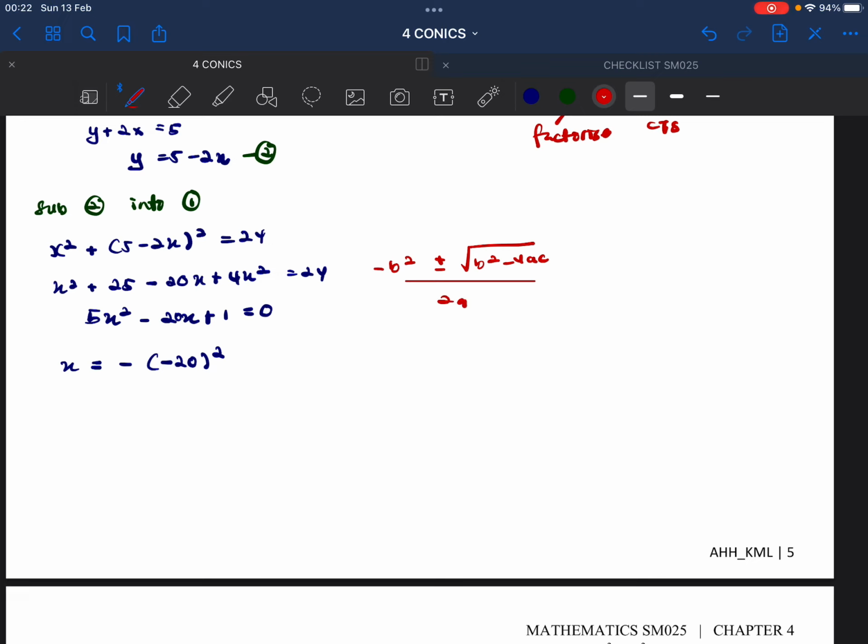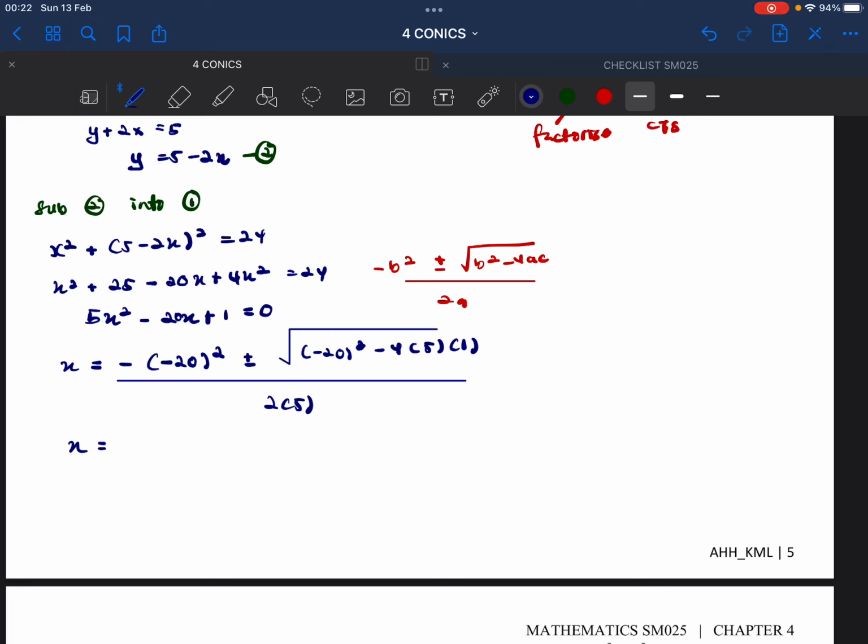So we substitute that here: negative 20 square minus 4 times 5 times 1, divided by 2 times 5. So here we get the answer x equals to 20 plus minus square root 80 over 10.